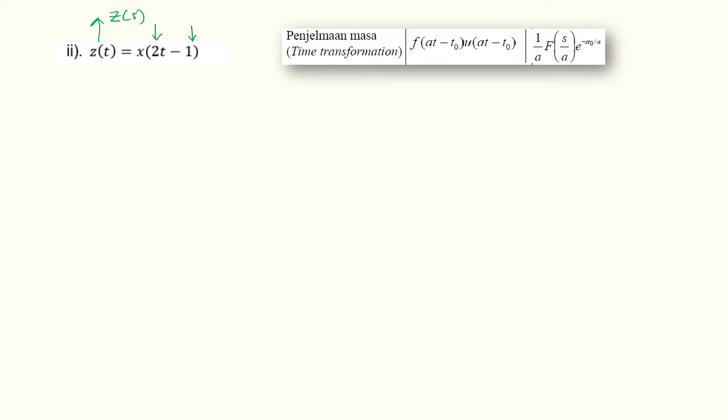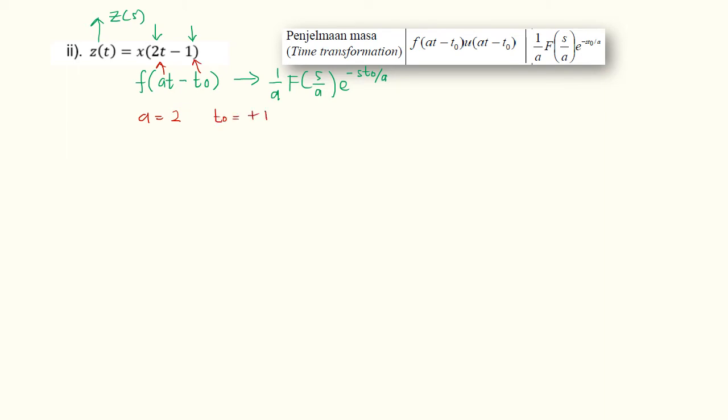So in this case, it is equal to f(at minus t naught), which will produce 1 over a F(s divided by a) e to the power of minus s t naught divided by a. So from here you can get your a. In this case, your a is equal to positive 2 and your t naught equals positive 1.